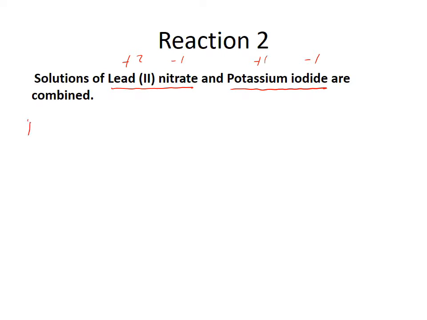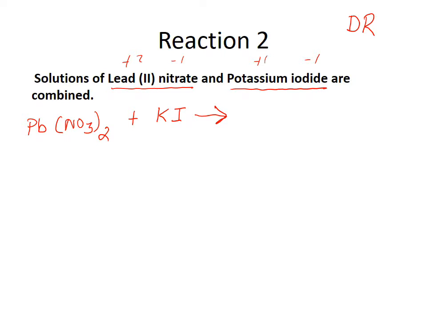So for lead 2 nitrate, that would be Pb, the nitrate, NO3, 2, because of the cross. We're going to add it to potassium iodide. From our pattern that we start with here, we have a compound plus a compound, so that looks like it's going to be a double replacement reaction.